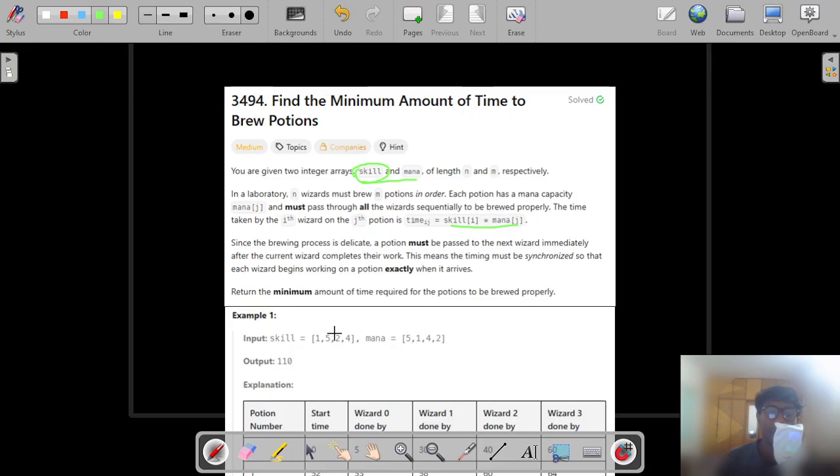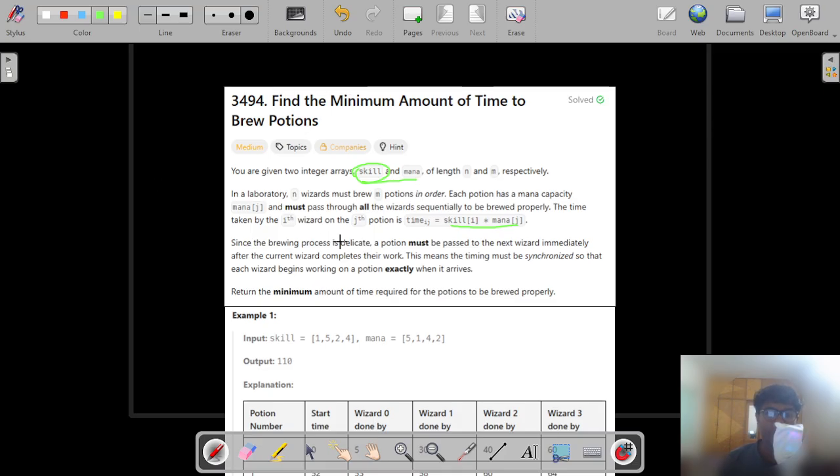So we are given these arrays. At any point of time, if a wizard needs to brew a specific potion, the jth potion, it would be his skill level and the mana value of the specific potion.